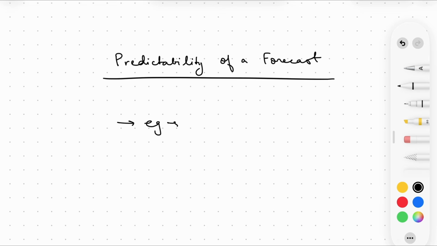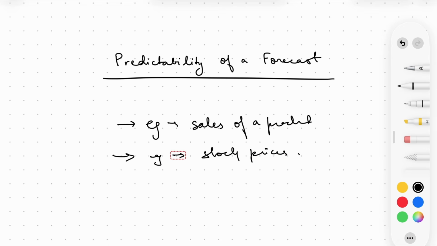For example, let's say sales of a product. This is in general a good forecast. We can create a decent enough forecast for the sales of a product. But let's take another example, stock prices. Most of us will think that, if we know about forecasting, we could predict the stock prices and then make a lot of money.